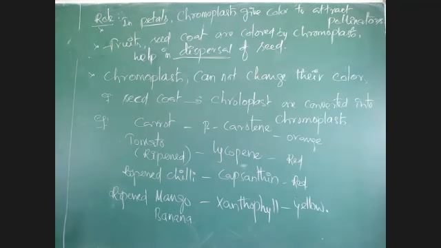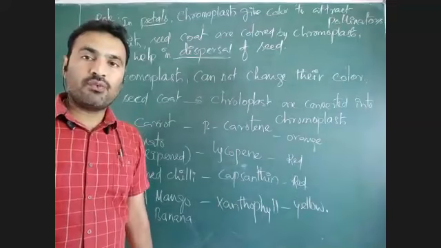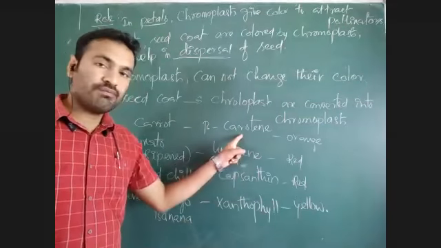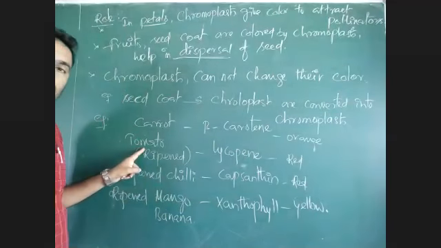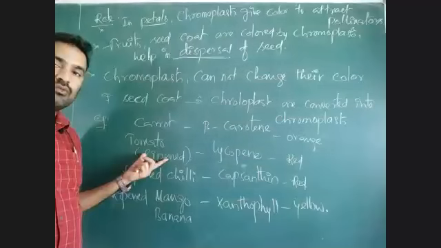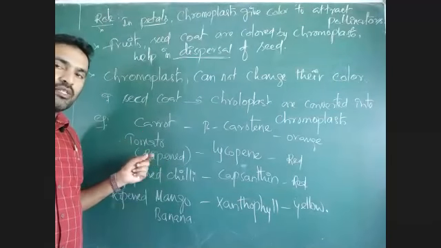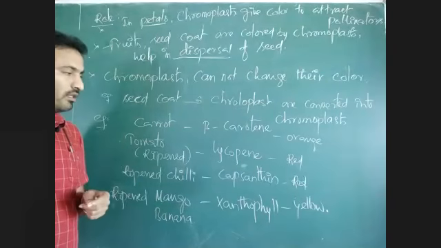Cannot understand the third point, sir. What is the third point? Chromoplasts cannot change their color. Once chromoplasts are formed, see here, if you take this point, then you can understand. Here green tomato is raw tomato. Unripened tomato is green in color due to presence of chlorophyll, chloroplast.